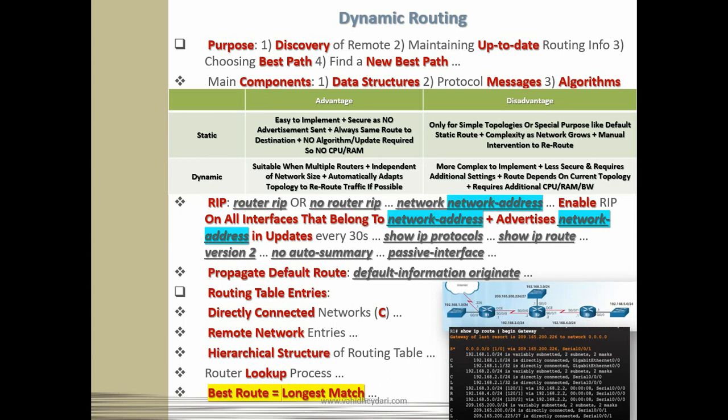What is level 1 ultimate routes? An ultimate route is a routing table entry that contains either a next hop IPv4 address or an exit interface. Based on this definition, you can say that all directly connected routes, all dynamically learned routes, and local routes are all considered ultimate routes.